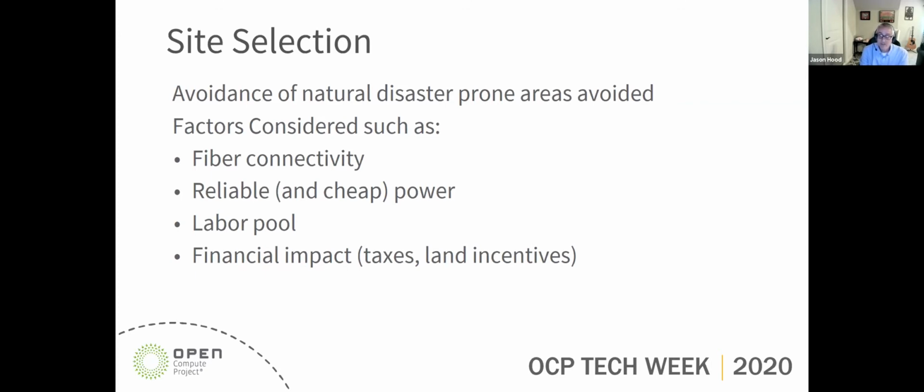Reliability and the cost of power is another big one. And also one of the trends you see now is going to renewable energy, so how is that a possibility based on the site? You also look at factors such as the labor pool or financial impact. So it's not completely based on the one consideration of natural disasters. There are many factors that go into choosing the right site.